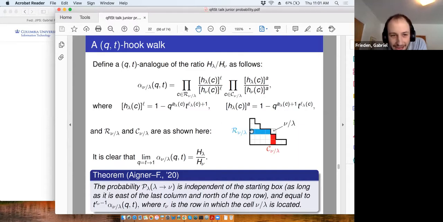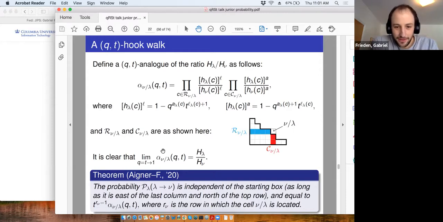I'm not doing all the boxes, only the boxes in this row and this column. But if I take a box that's not in one of those rows or columns, then the hook length with respect to nu is the same as the hook length with respect to lambda, so all of those things are just going to cancel out from this ratio.